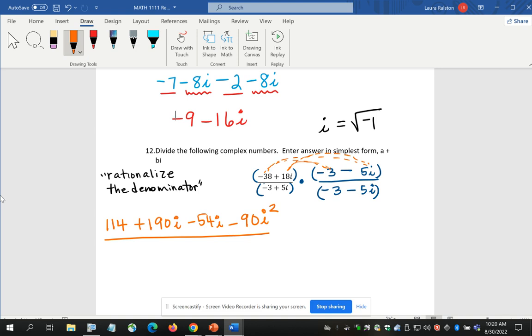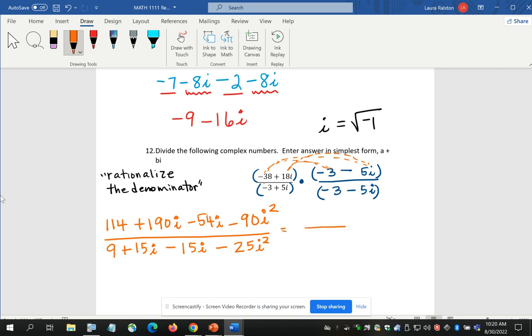Then we do the denominator. Negative 3 times negative 3 is positive 9. Negative 3 times negative 5i is plus 15i. 5i times minus 3 is minus 15i. 5i times minus 5i is minus 25i squared.